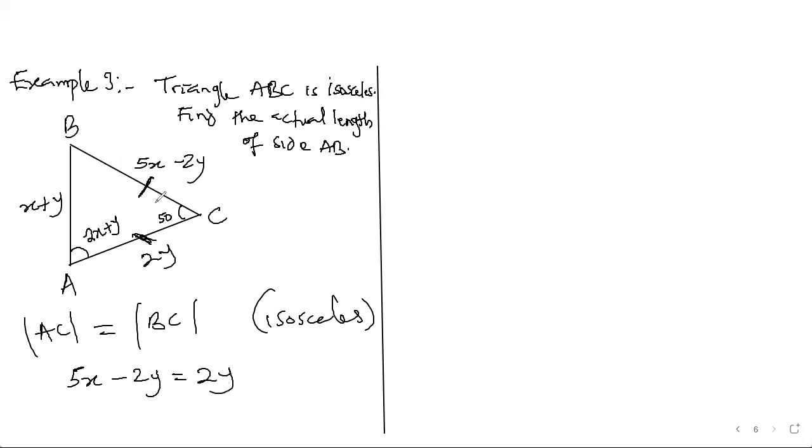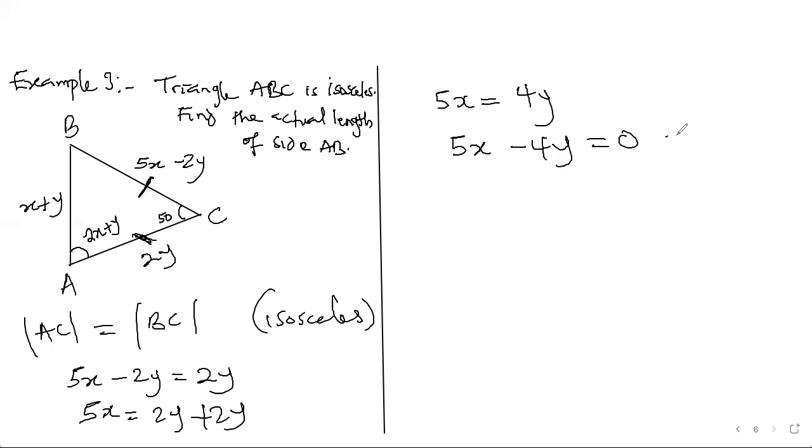That is, this side is equal to this side. So I can write 5x equals 2y plus 2y, and 5x equals 4y, right? So it means that 5x minus 4y equals 0. I can keep that as equation 1.